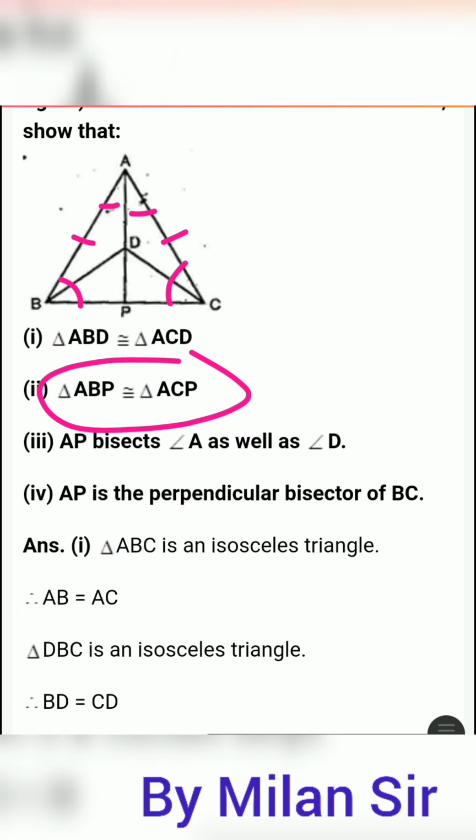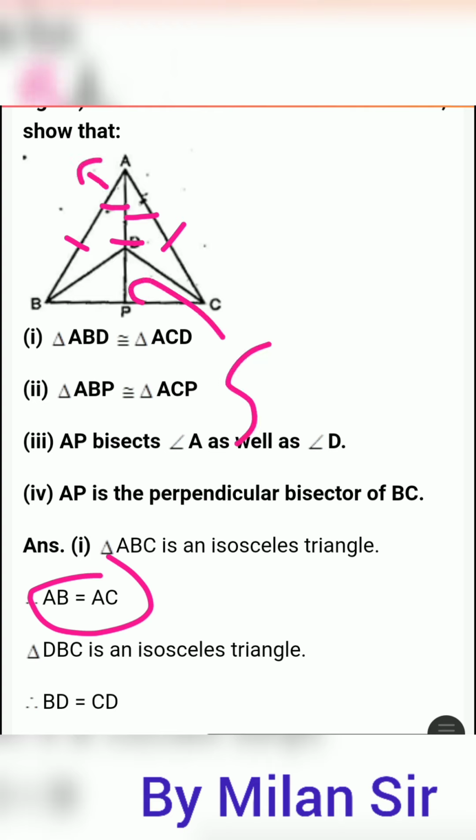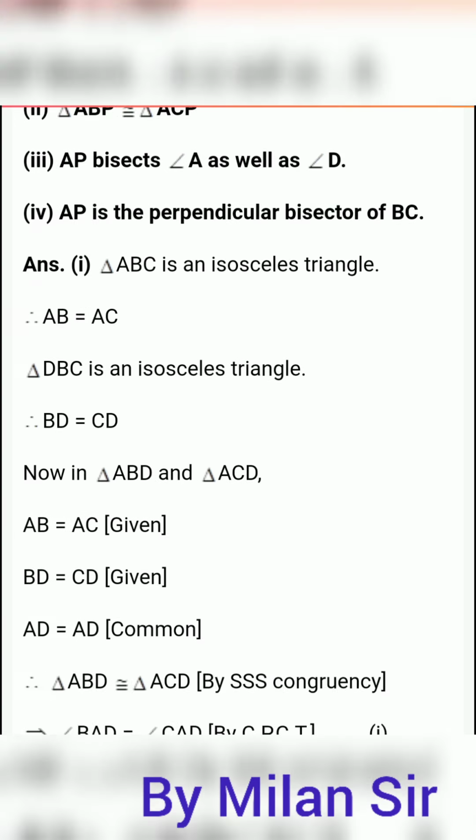Otherwise, we can also use side-angle-side, because AP is a common side, these two angles are the same, and AB equals AC because ABC is an isosceles triangle. So you can use any way.